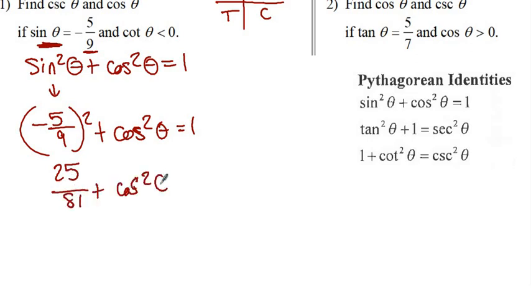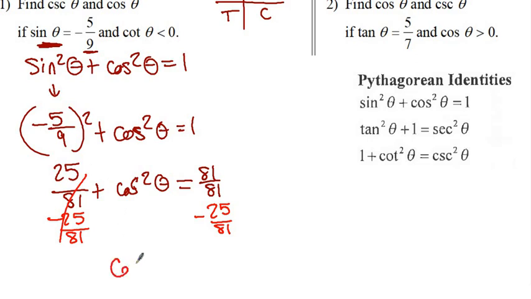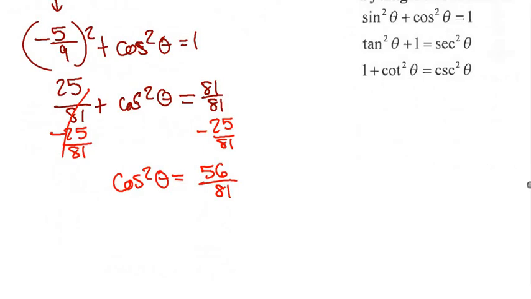Okay, and then let's change 1 into 81 over 81. And the reason I'm doing that is because the next thing we have to do is subtract this from both sides, meaning we would need a common denominator. So that goes away. We get cosine squared is equal to 81 minus 25 is 56 over 81. And then the last thing we need to do, we want to solve for cosine, not for cosine squared.